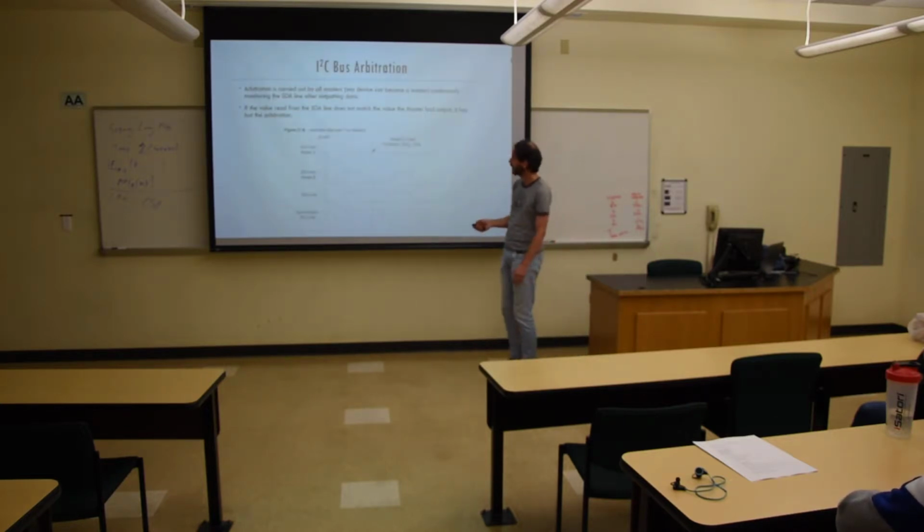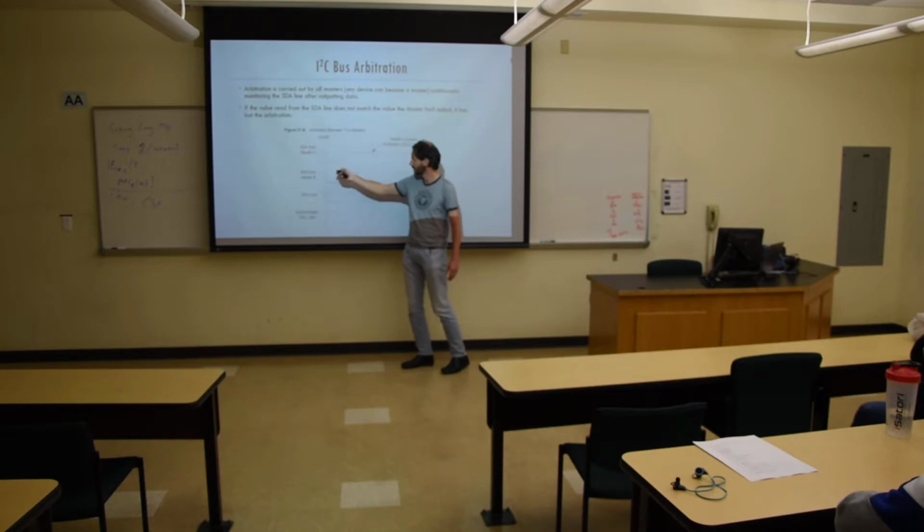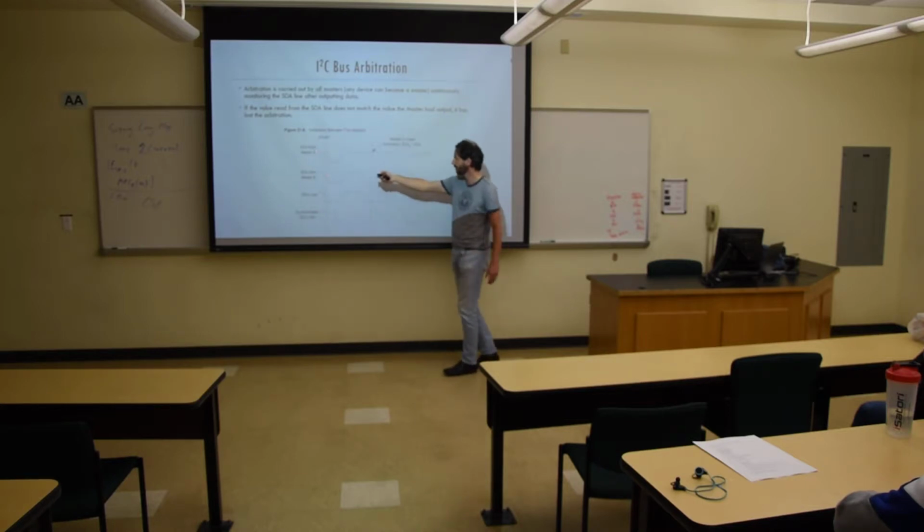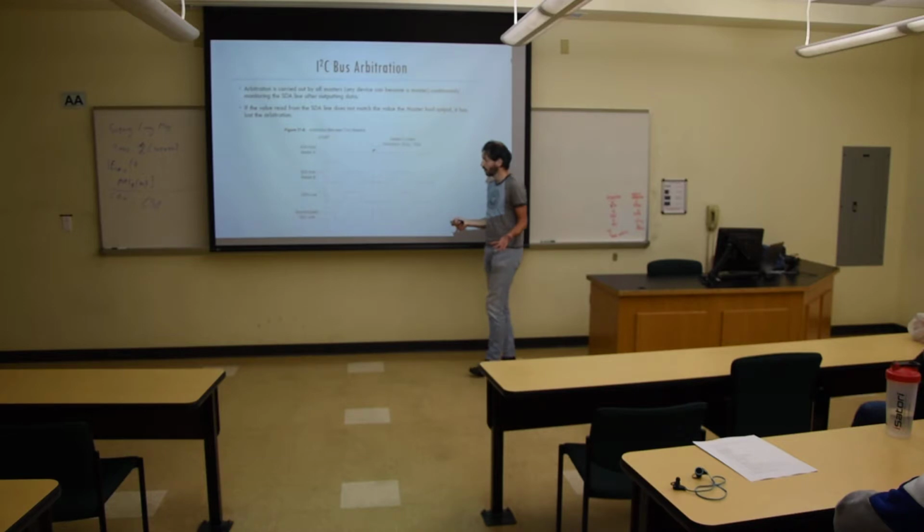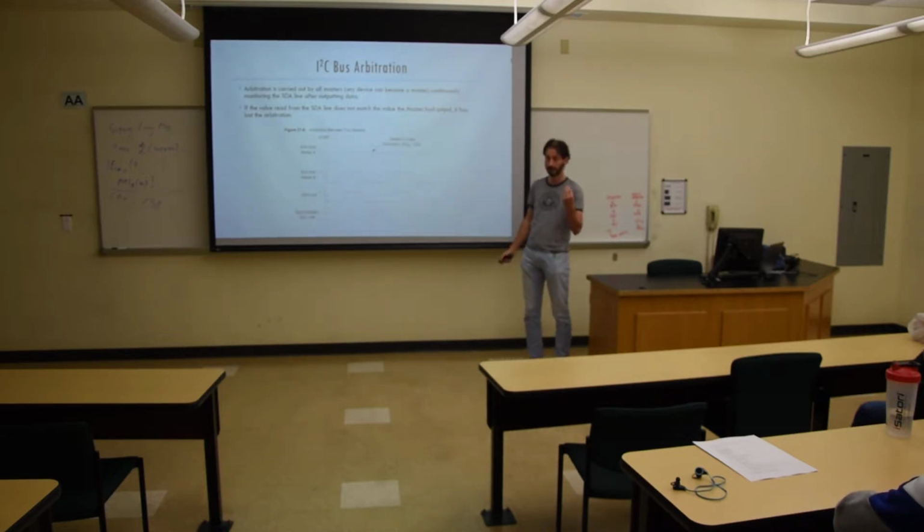So here it is. We need what we call I2C bus arbitration, because I may have two devices who self-assign themselves to be the master, say master A and master B, and they both say, I want to start. So what do they start with? They start with transmitting address bits.